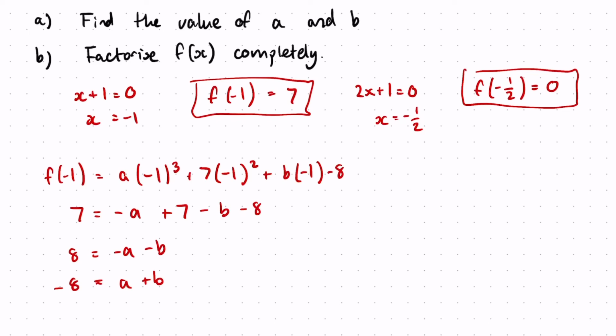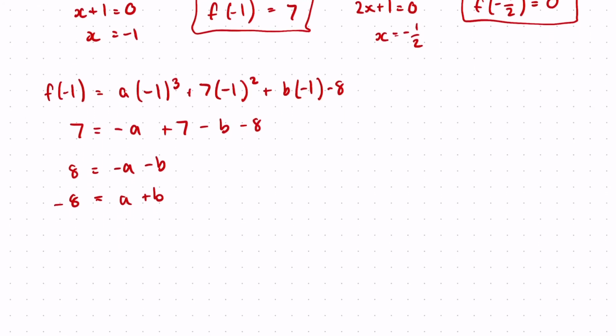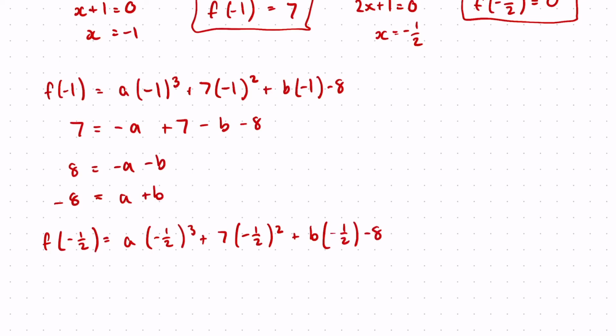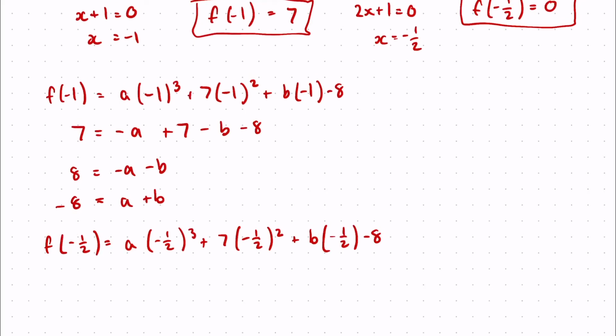Now let's do the same thing but with minus a half. So I'm going to put minus a half into the same polynomial. f of minus a half is equal to a minus a half cubed plus 7 minus a half squared plus b minus a half minus 8, which should give me the answer 0.